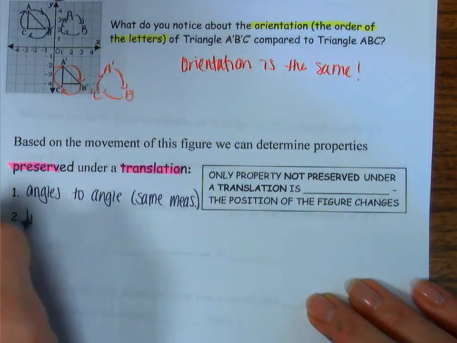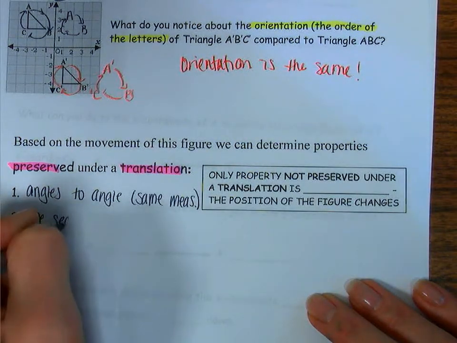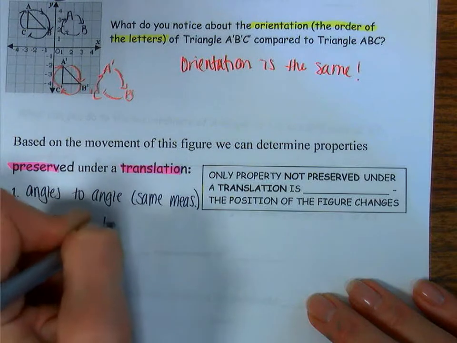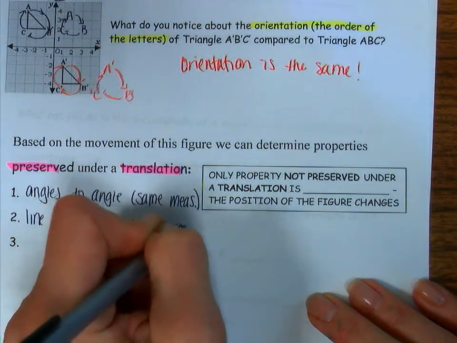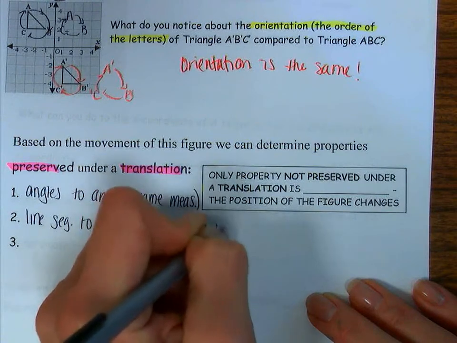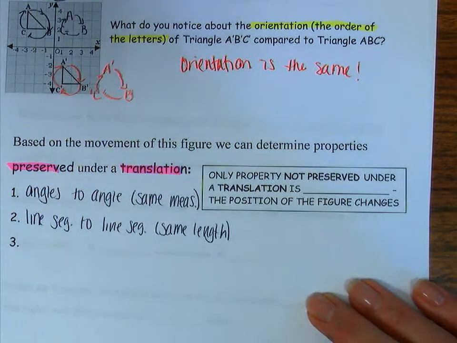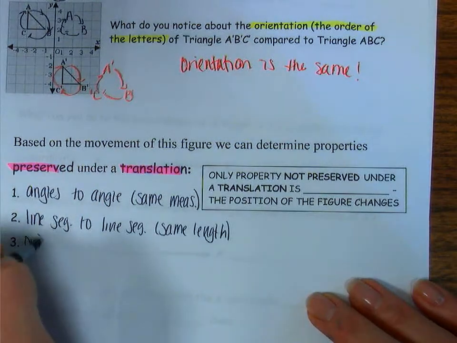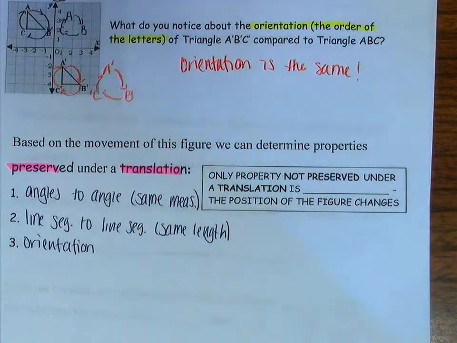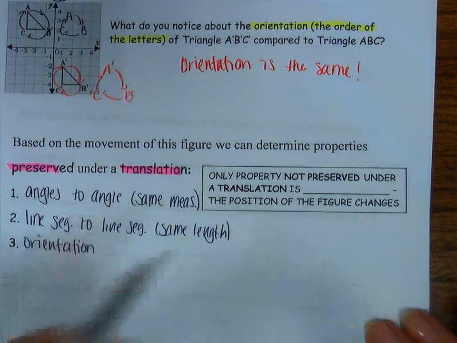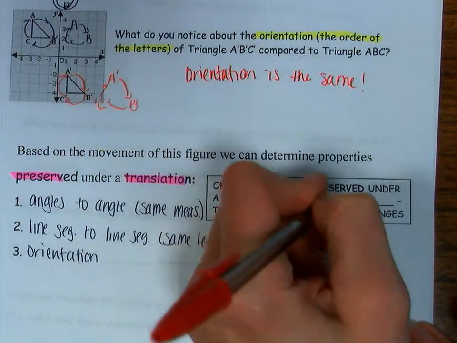And then line segment to line segment, they have the same length. And then thirdly, we have orientation. The only property that is not preserved happens to be location.